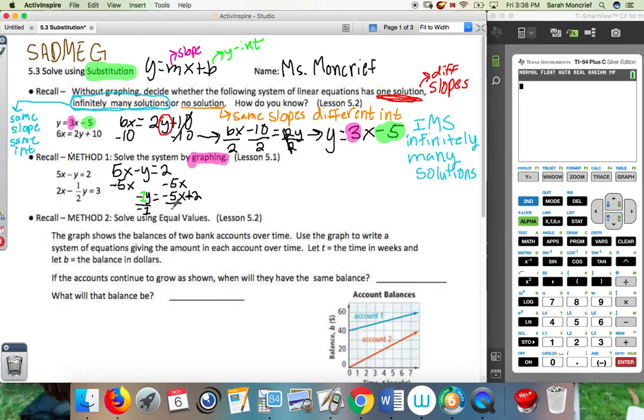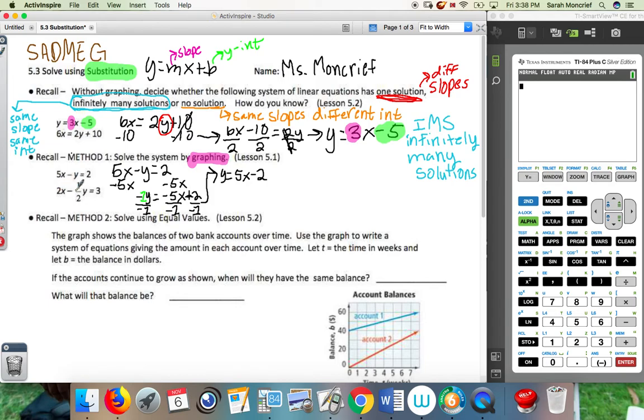So divide both sides, and both terms on the second side, by negative 1. And we are now left with y is equal to 5x minus 2. And that is the new rewritten way of our 5x minus y is equal to 2.